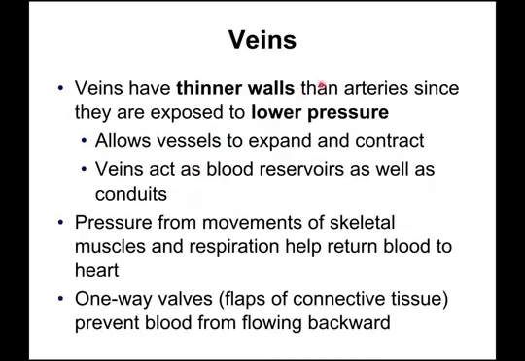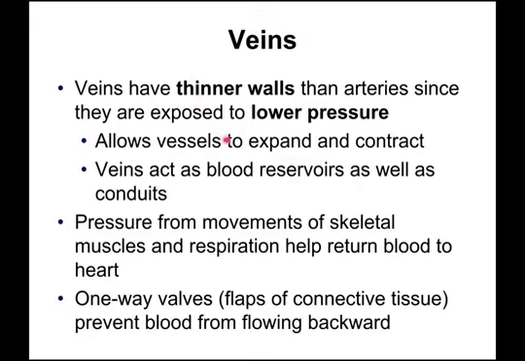Then once the blood has gone through the capillaries, it has to go back to the heart, and it does so through the veins. First there will be smaller venules, and then there will be larger veins and so on. At that point, you have to imagine the blood coming from the heart is progressively losing pressure.